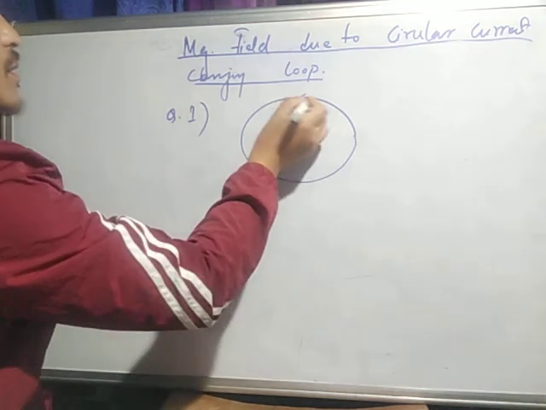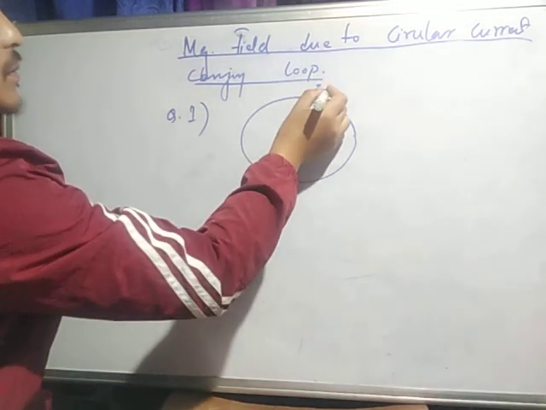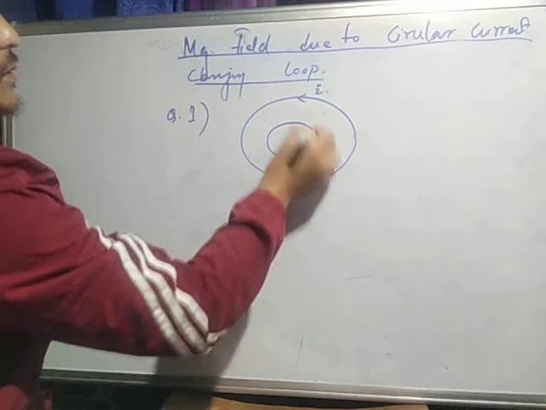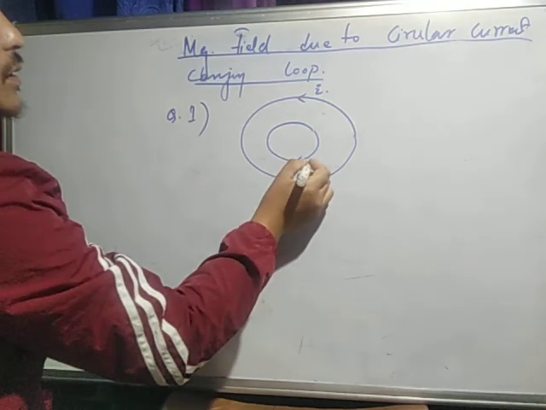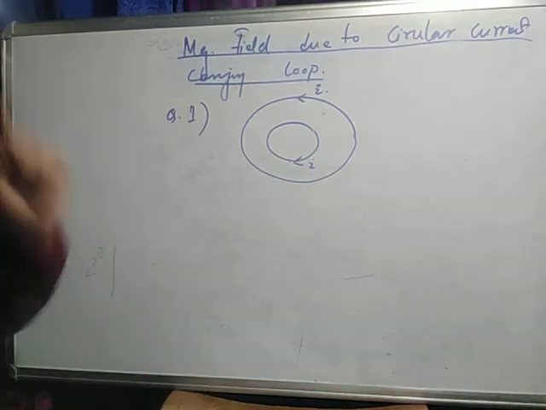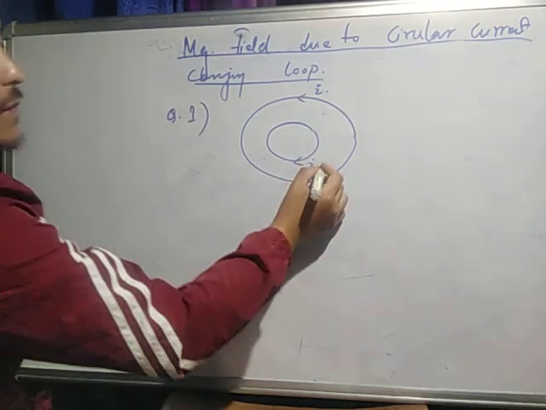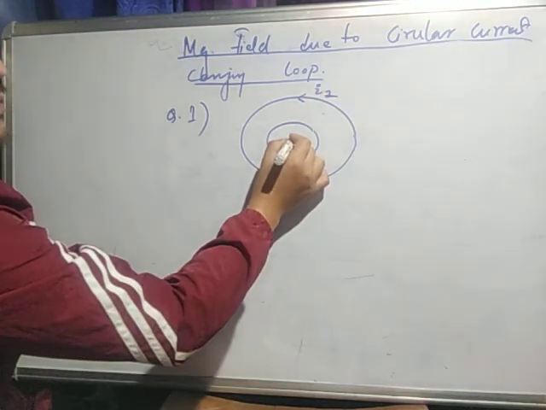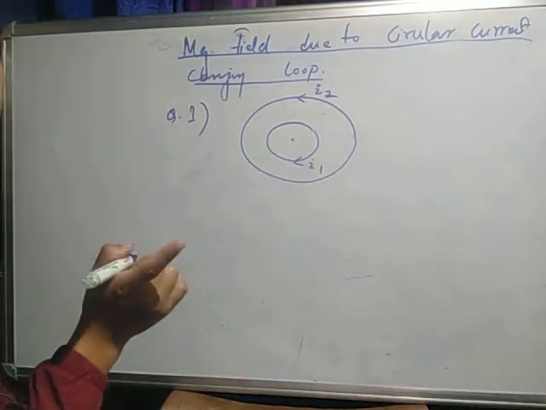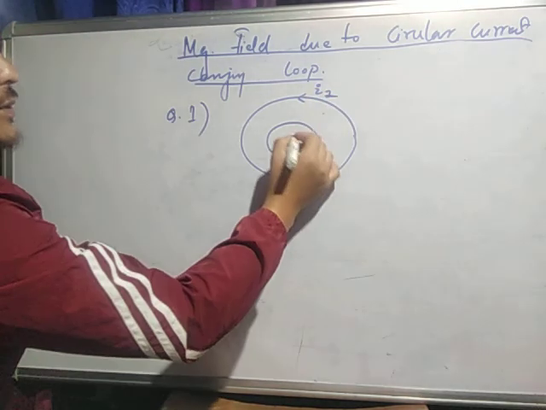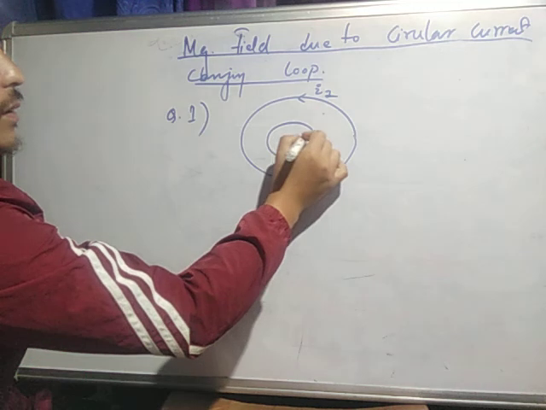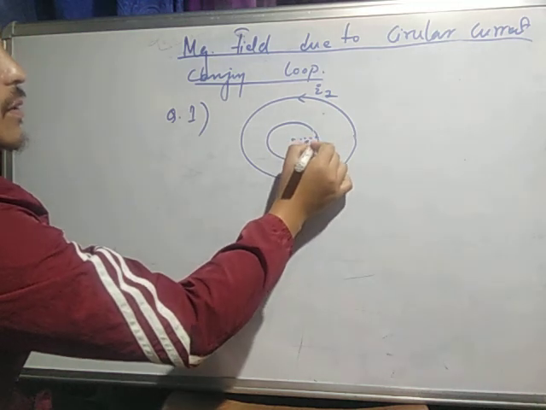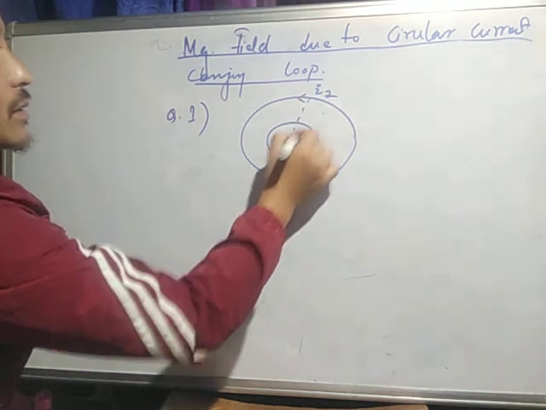So this is what I, and this is your I going like this. Okay, or you can write this as I1 and this as I2, right? So this is your center where you have to find the magnetic field. Here this is your R1 and this is your R2.